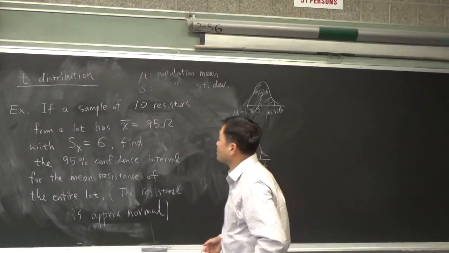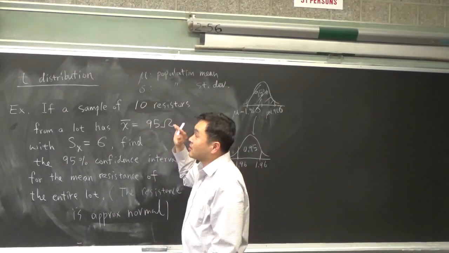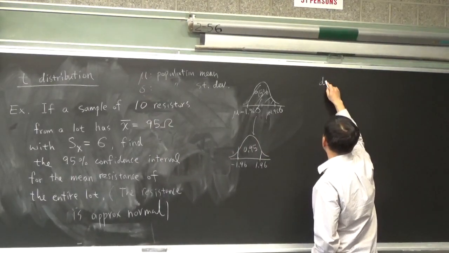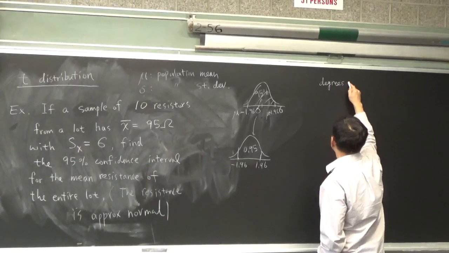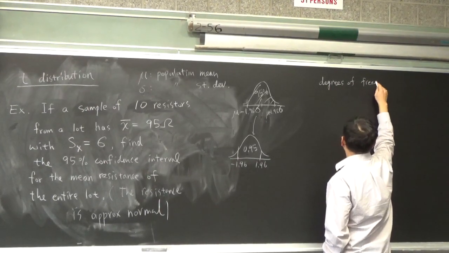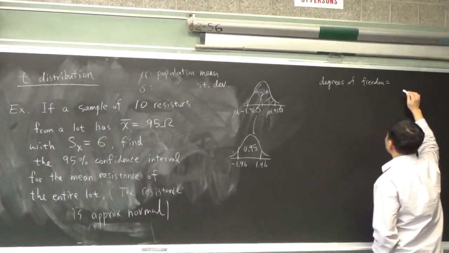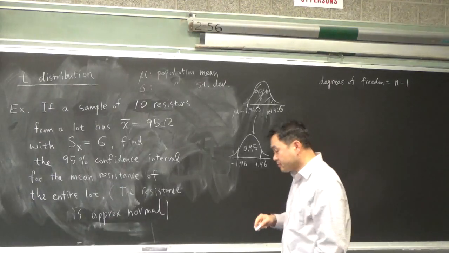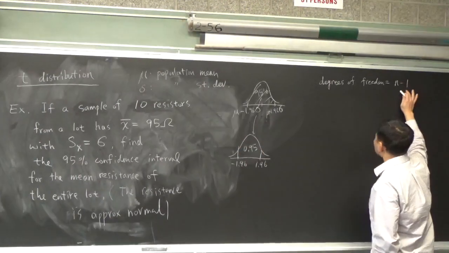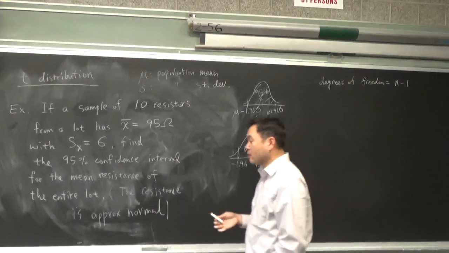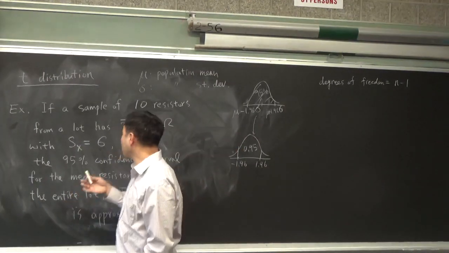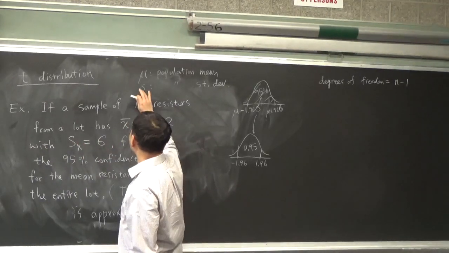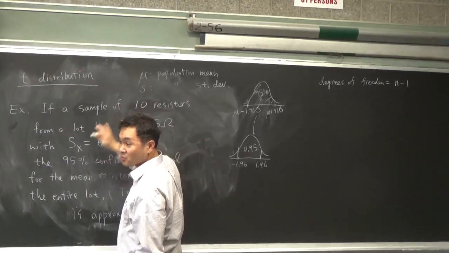But when you only have 10, there's a lot of uncertainty, and there's a concept of degrees of freedom. This is given as n minus 1, and this minus 1 is a penalty for using the standard deviation of the sample as a replacement for the actual standard deviation.